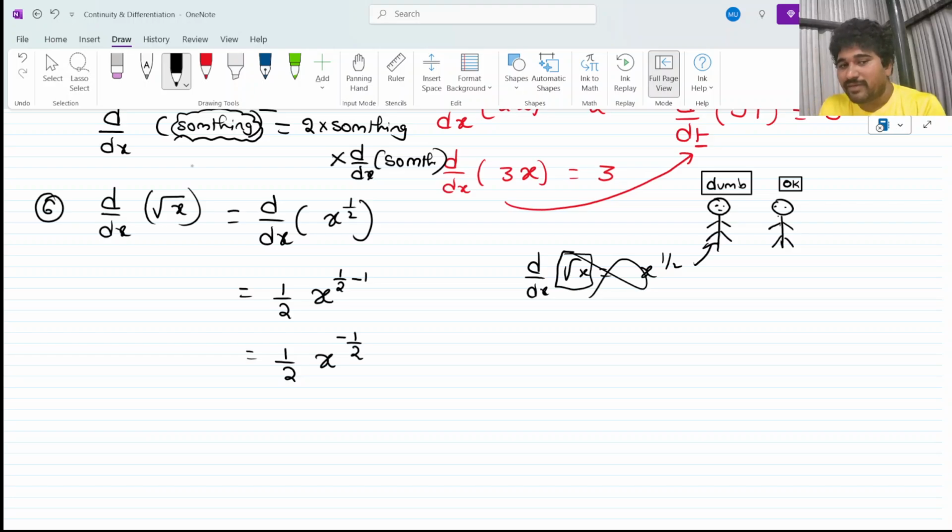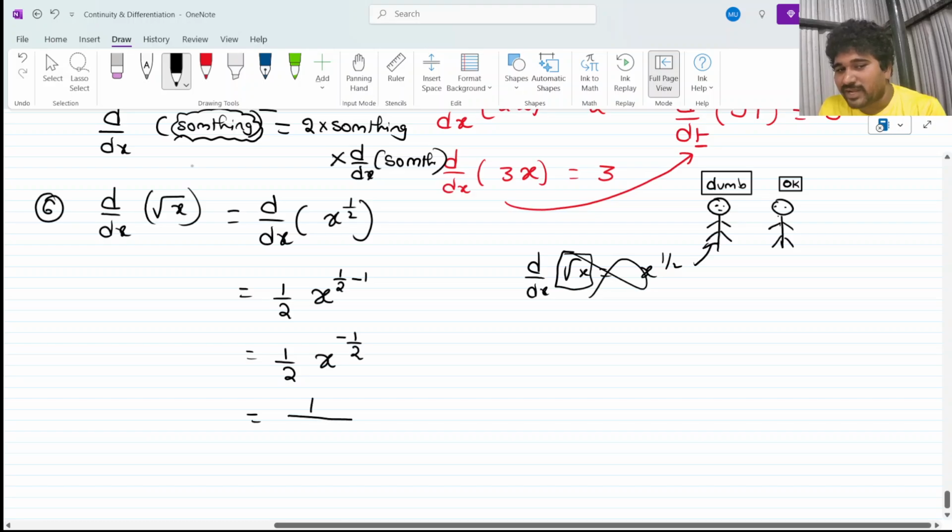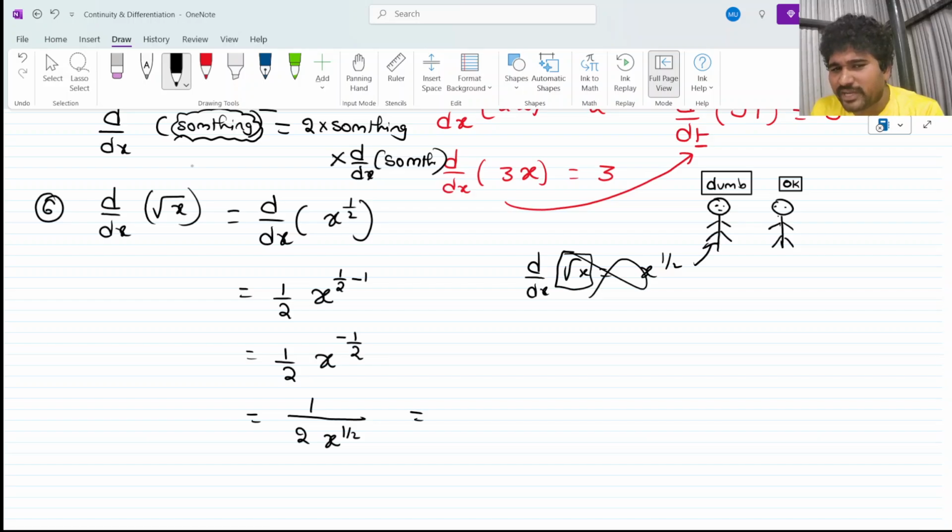So the negative power we write in the denominator, x power 1 by 2. What is x power 1 by 2? Root x only, right? So you can write it as 1 by 2 root x. Now tell me, what is the differentiation of root x?